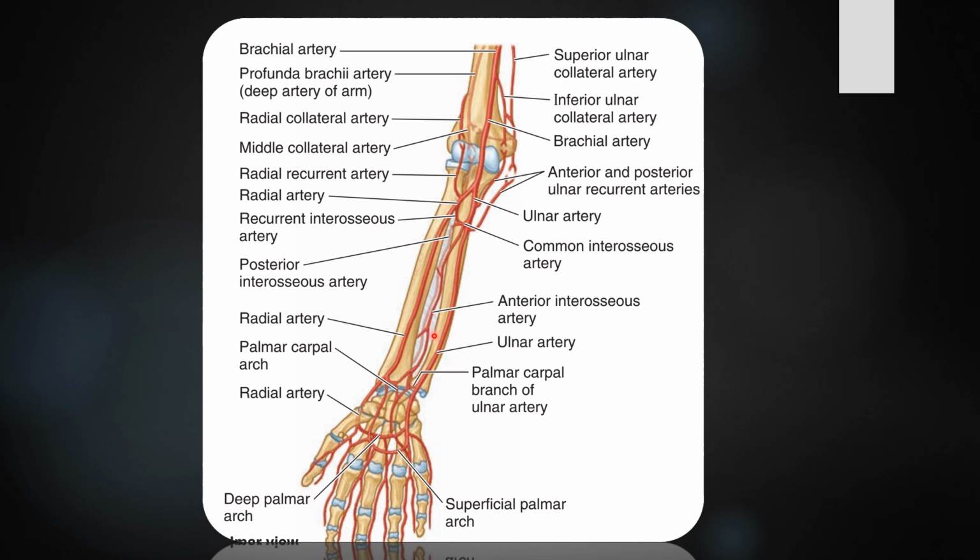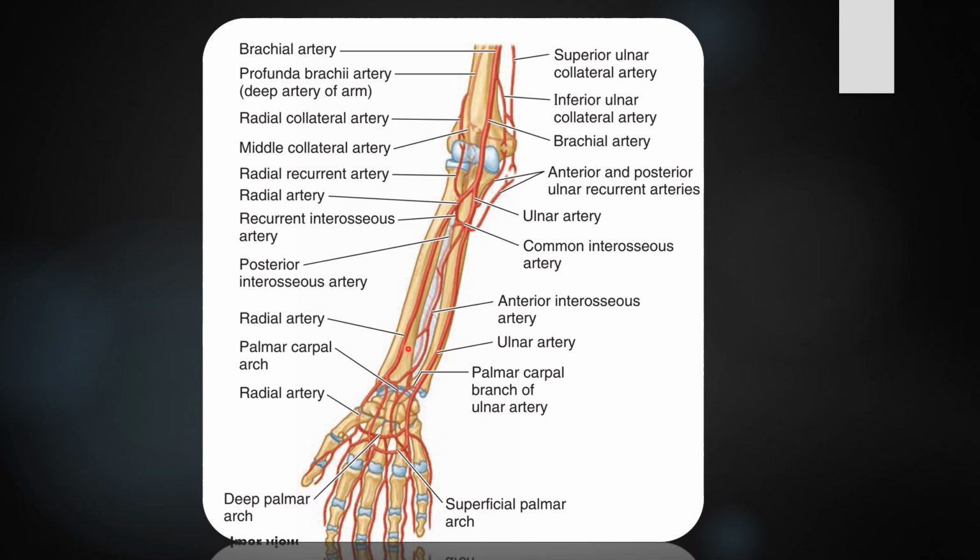And posterior interosseous artery will give a branch, that is posterior carpal arch, that will anastomose with dorsal carpal arch of radial and ulnar artery. So this is how anastomosis occurs around the wrist joint.